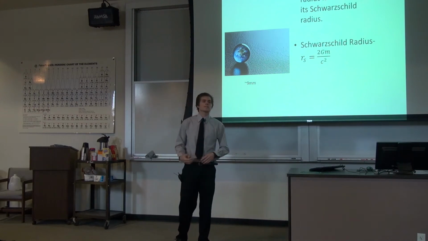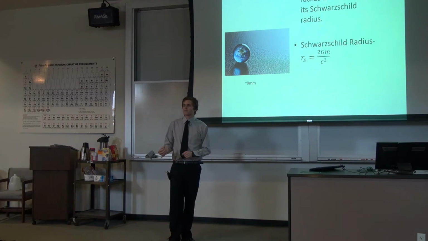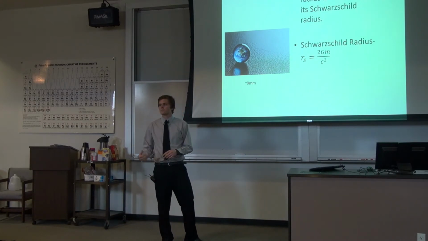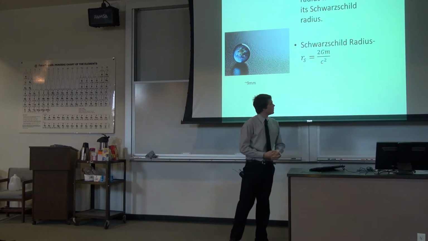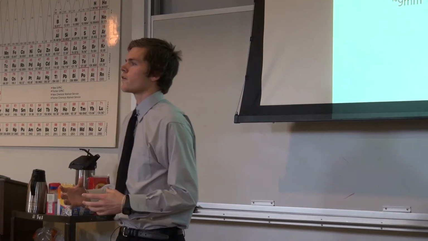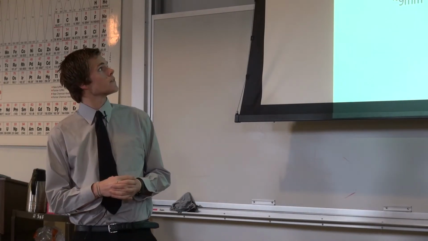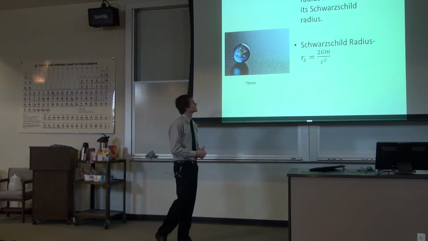So what that means is a black hole is basically just a very dense, compact region of space that has such a large gravitational potential that not even light can escape its potential. And to give you a visualization, if you wanted to turn the Earth into a black hole, you'd have to compress the Earth down into about the size of a marble with the Schwarzschild radius of about 9 millimeters.